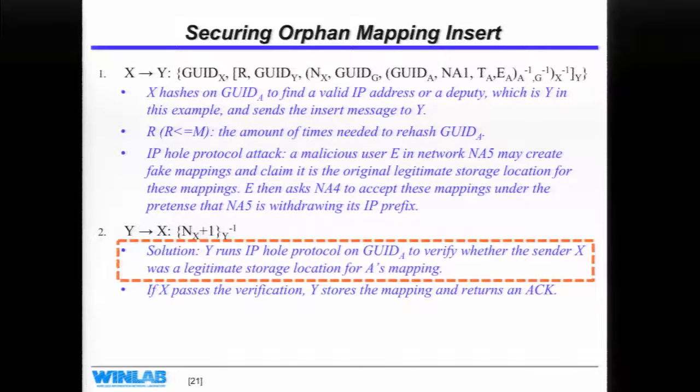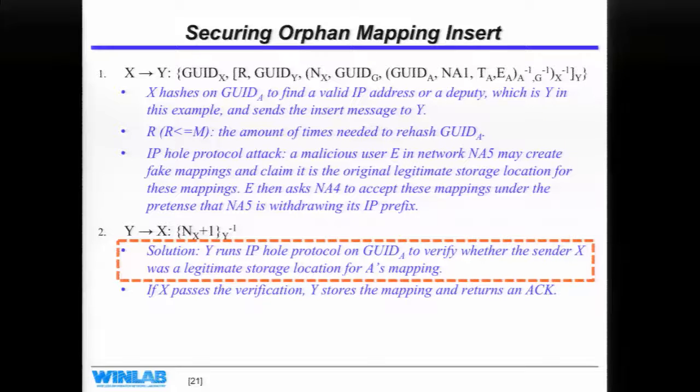we ask Y to run the IP hop protocol to verify whether the mapping sender is really the legitimate storage location of those mappings. Because in GNRS, to find the mapping storage location, we hash on the GeoID of the mapping, and the hash result will be mapped into a network address, which is the mapping storage location.